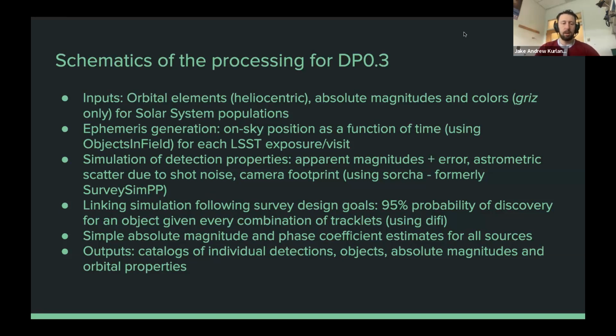Given the detection catalog, we then simulated the linking of the objects, the identification of moving objects over the course of the survey. Again, we used the design parameters, the goals for the HelioLink pipeline, as sort of the truth, so just a 95% probability of discovery for any object given a set of at least 3 tracklets over 15 days.